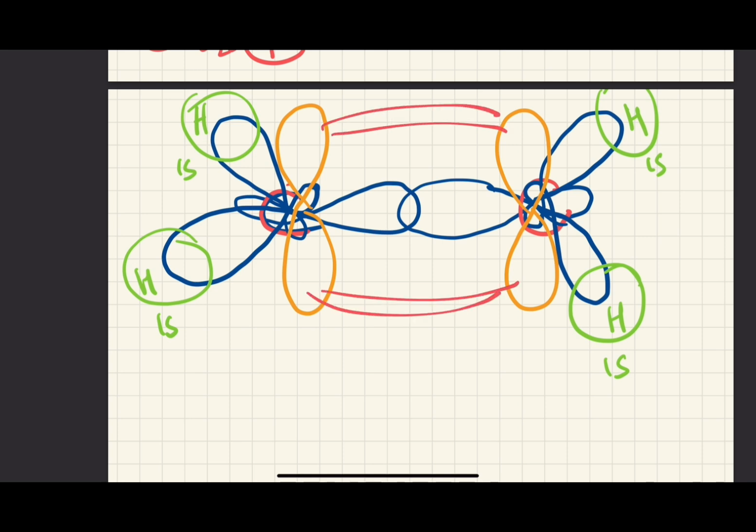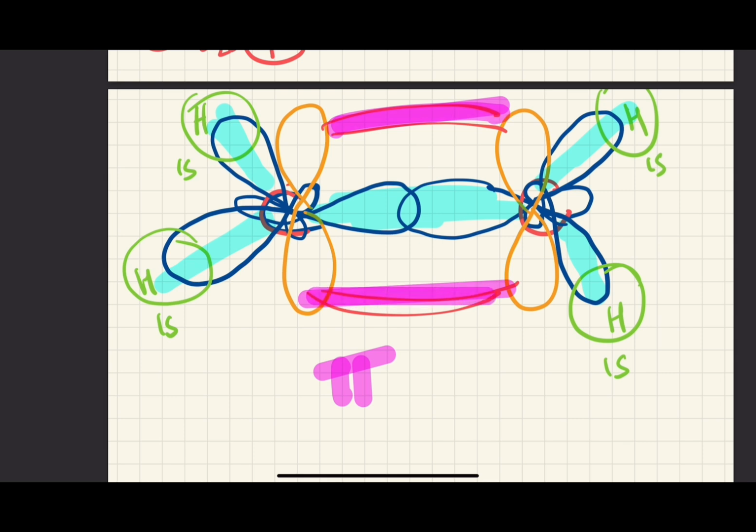So even though it looks like two pi bonds, these two of them are just one pi bond, okay? And the bond in between them is sigma. So I'm going to color the sigmas in blue. So this is the sigma, this is the sigma, this is one bond, the sigma, and the one in pink is just the one pi bond.